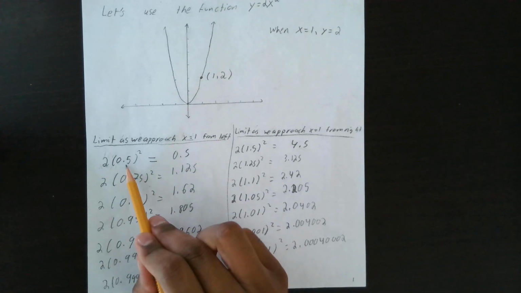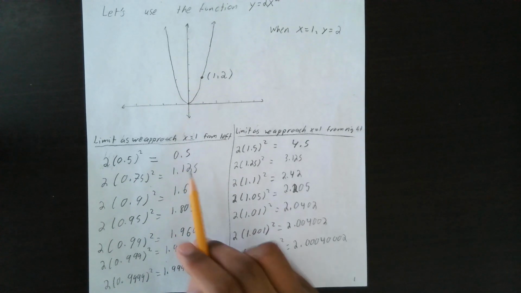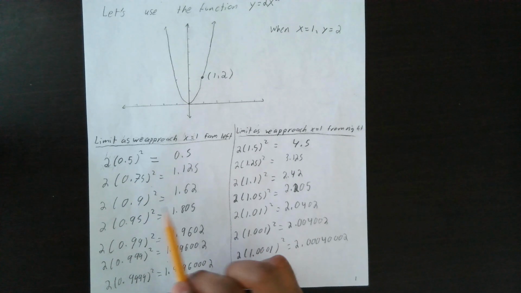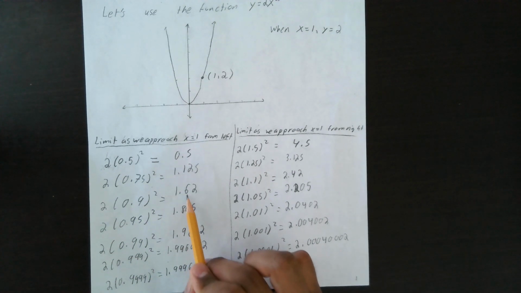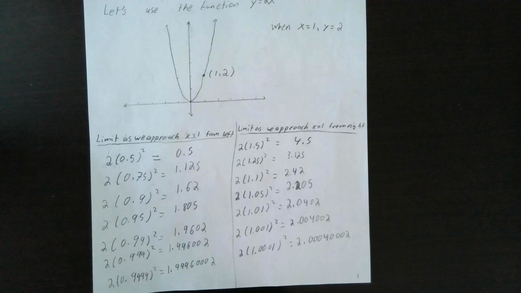So when x is equal to 0.5, we get a y value of 0.5. That's pretty far off, but if we were to plug in 0.9, we're much closer. We're at 1.62 for y. If we plug in 0.99, we get a y value of 1.9602.